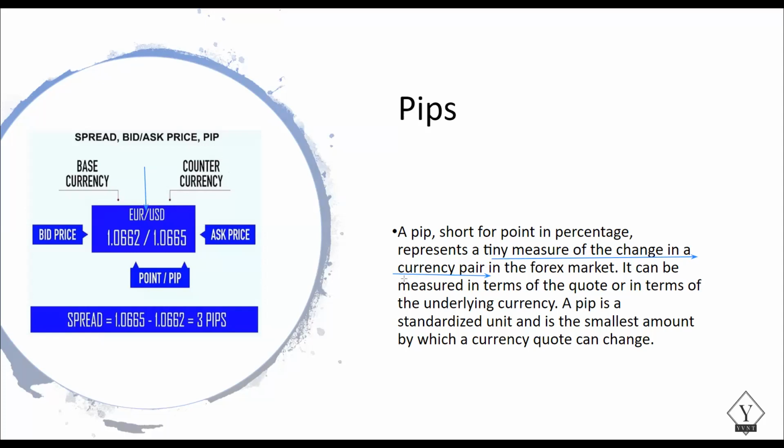Remember on the first slide where I was explaining what is Forex and how you can make money in Forex, right? The changes in exchange rates allow you to make profit and make money, right? So those changes are calculated in pips, right?